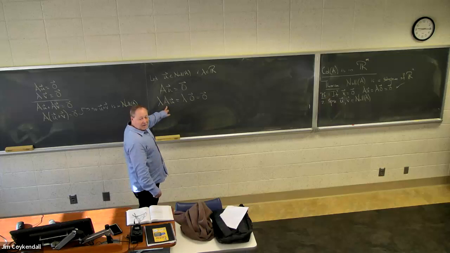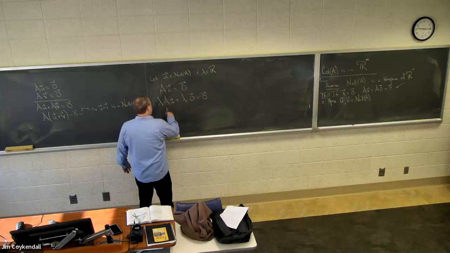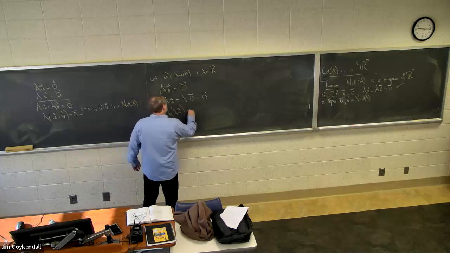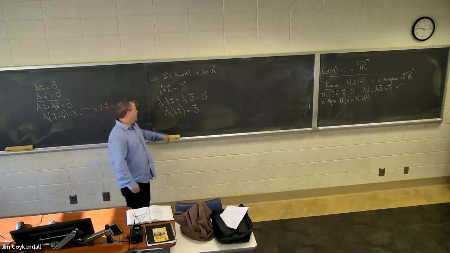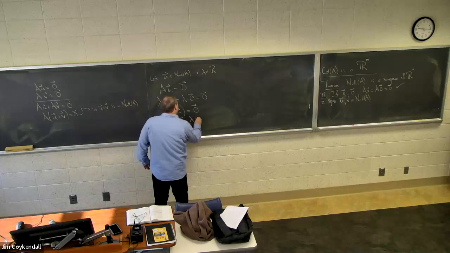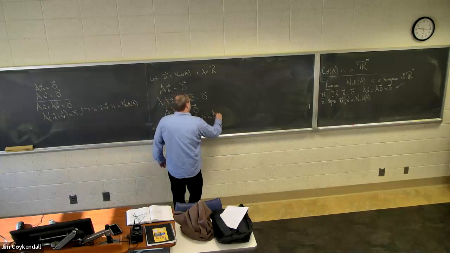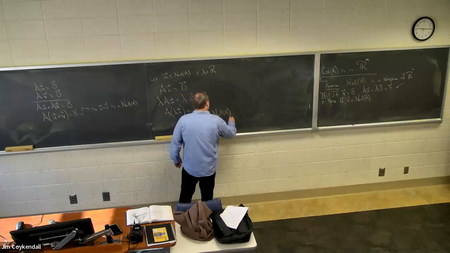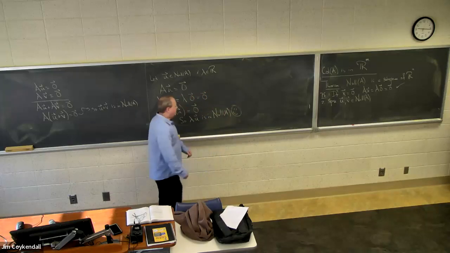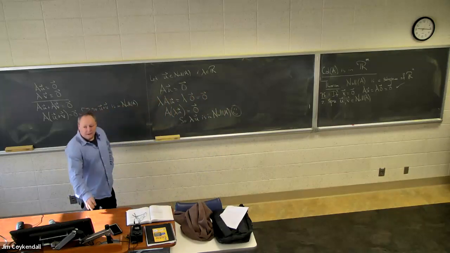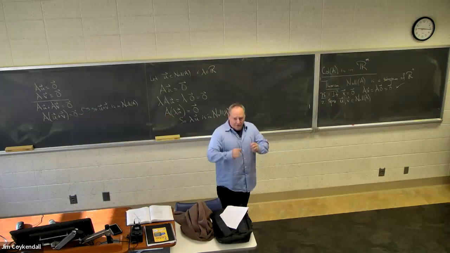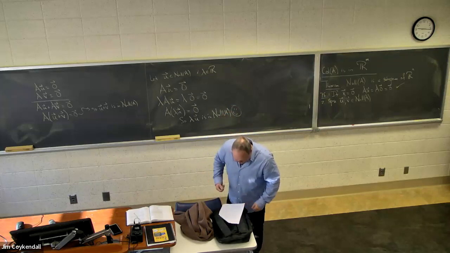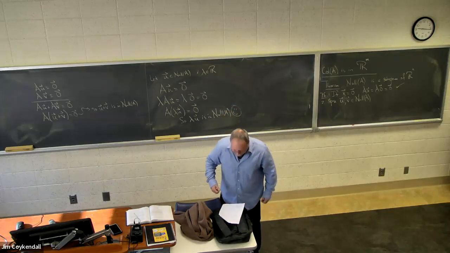And I can pull a little bit of mathematical prestidigitation by sliding that in. So lambda u is in the null space of A, and big smile, we got them all. So it is indeed a subspace. Okay, any questions so far?